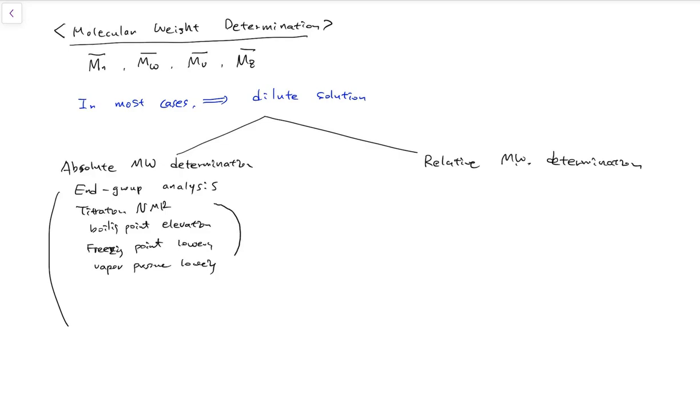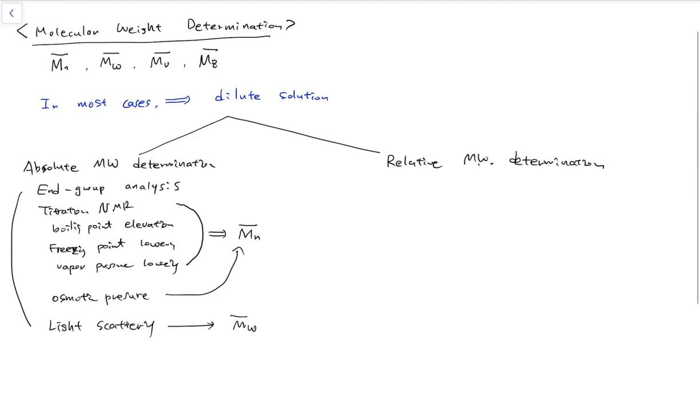Using these methods, we can determine number average molecular weight. Other methods include osmotic pressure measurement. We learned about it in physical chemistry class, right? This can also determine number average molecular weight. And light scattering, from which we can determine weight average molecular weight.